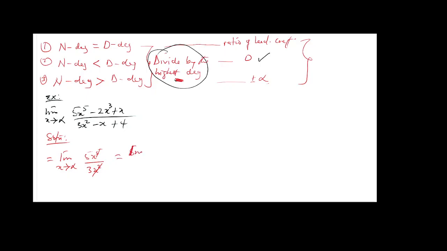Which is the limit as x approaches infinity of 5x cubed all over 3, and as x approaches infinity, we are going to have 5 infinity cubed. So 5 multiplied by infinity cubed all over 3.